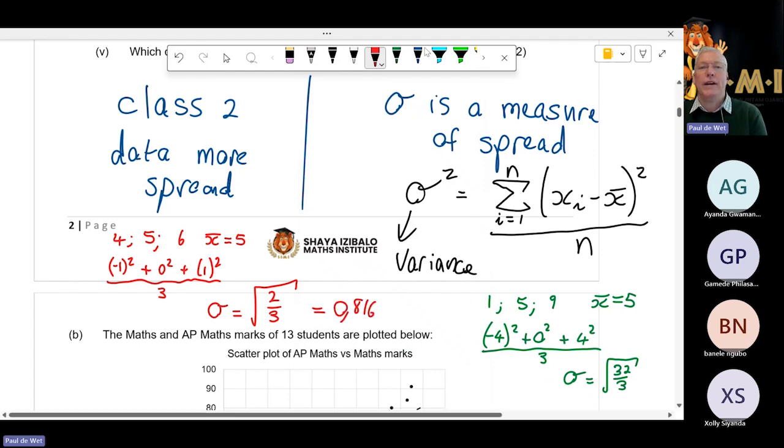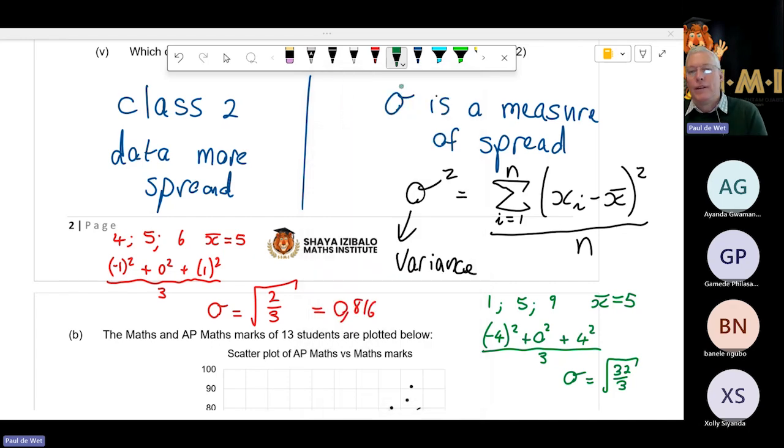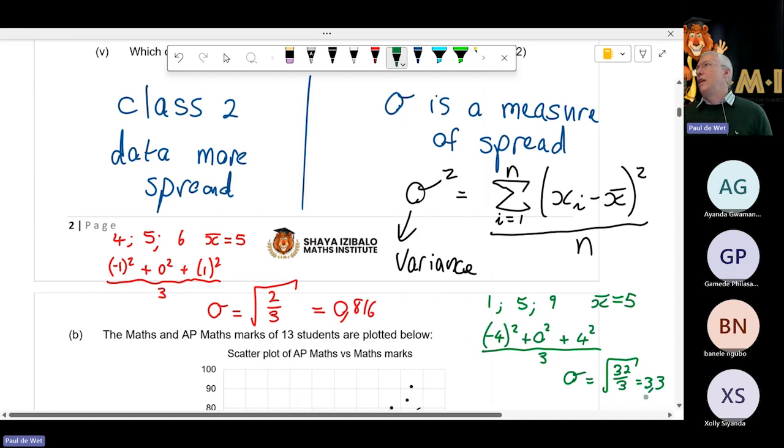And this one is the square root of 32 over 3. I'm going to go back to the answer that I've got, the square root of 32 over 3. Guys, this one is 3, 3, 3. Do you see that the green one has a bigger standard deviation? It's more spread out.